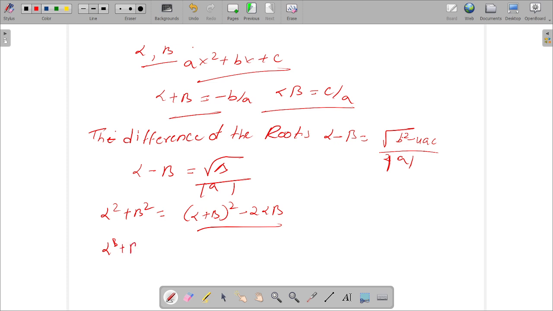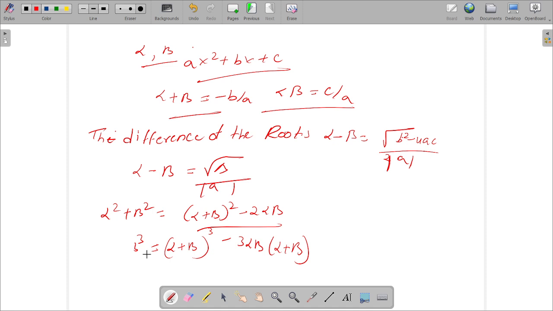Alpha cube plus beta cube equals alpha plus beta whole cube minus 3 alpha beta into alpha plus beta. Here the complete equation is in terms of the summation.